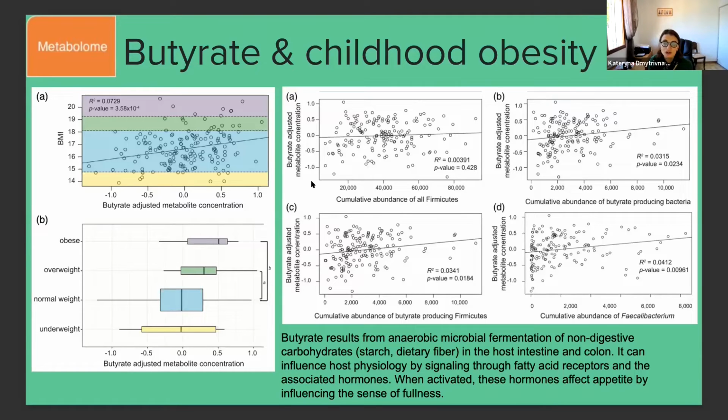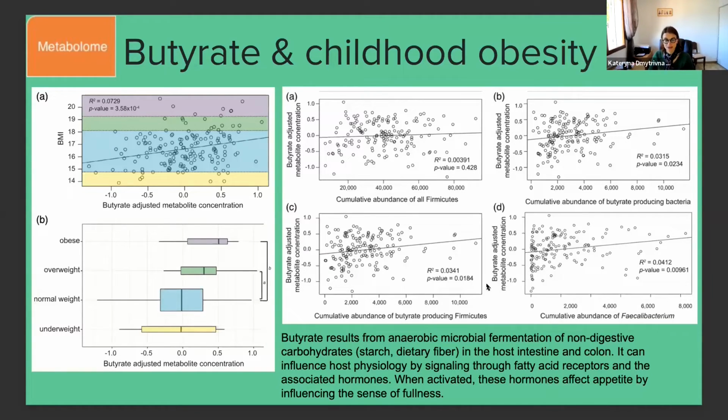We found that the butyrate concentration was correlated with the abundance of butyrate producing bacteria, in particular of butyrate producing firmicute bacteria, and one particular genus of bacteria, the Fecalibacterium, correlated the best with the abundance of butyrate.